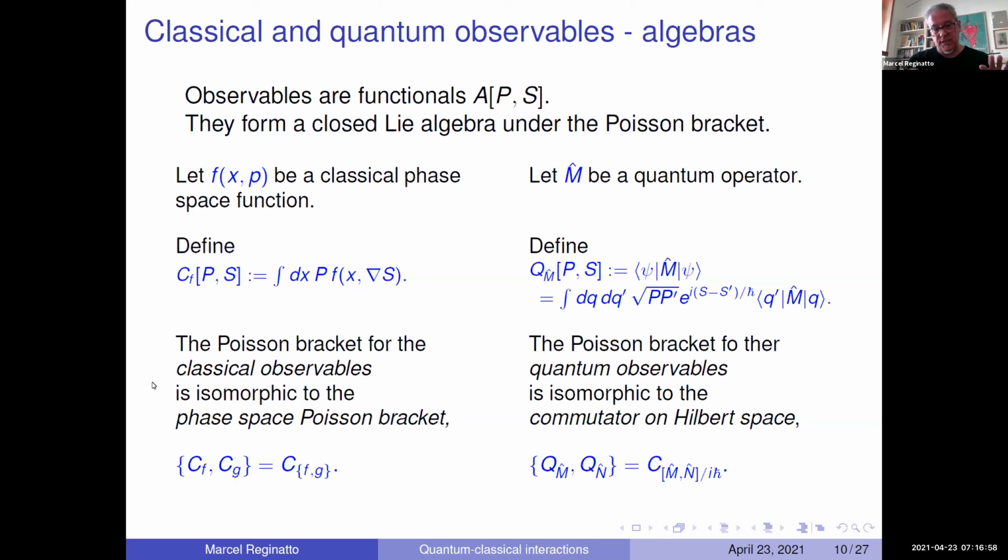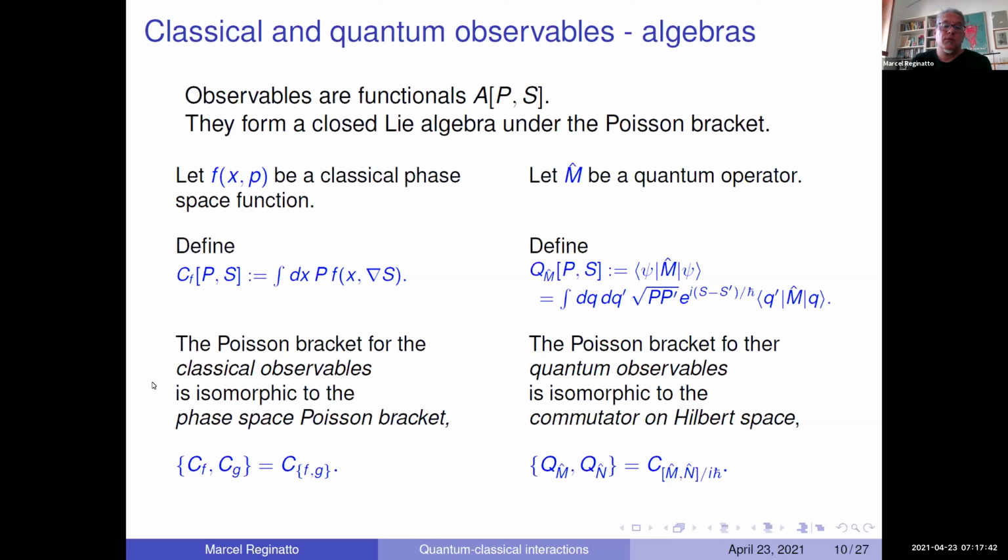So there are two different spaces, the functions of x and p of your classical particles, and this space here, which is a space of two functions p and s. And you get an isomorphism between the classical phase space algebra and the algebra in this space, provided your observables are defined in this way that's shown on the left side. That is, if you have a function of x and p, in this new space you just define it as a function of x and the gradient of s. A similar thing holds for the quantum theory, and this is not surprising given the equivalence with the formulation of Kibble.